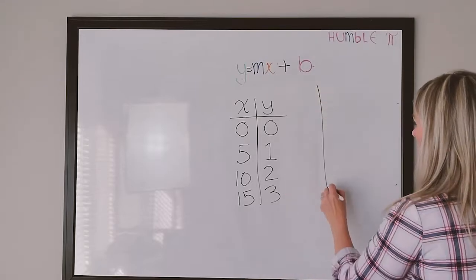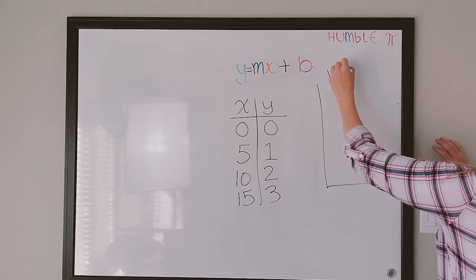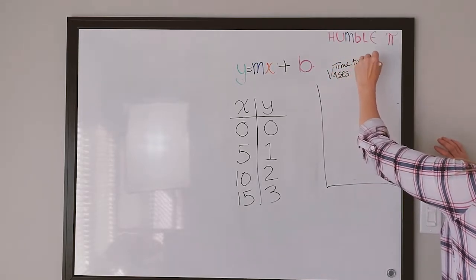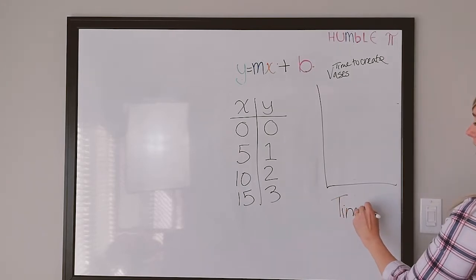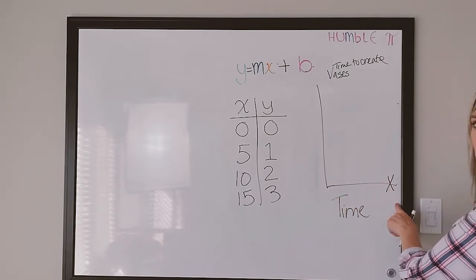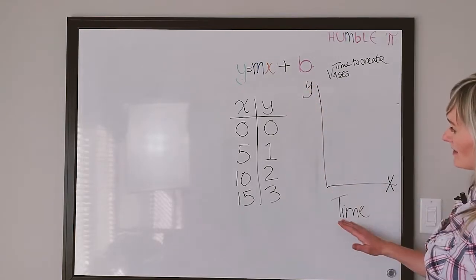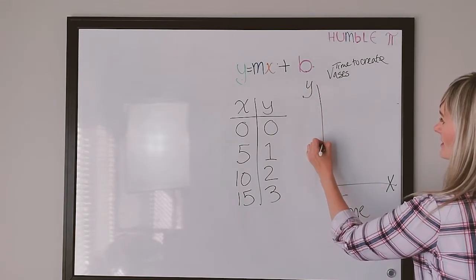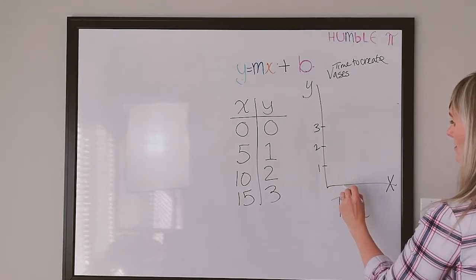So if we do that on our graph, again, we're going to title it time to create vases. Time is down here, as it almost always is. That's our x, and our y is here. And what is dependent on the time? How many of these we can make: 1, 2, or 3. It depends on how much time we have.